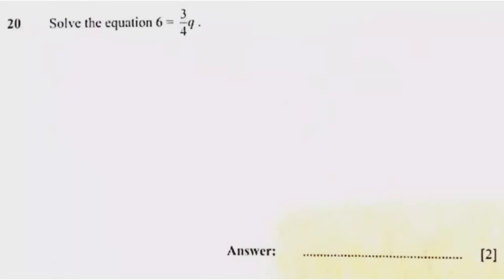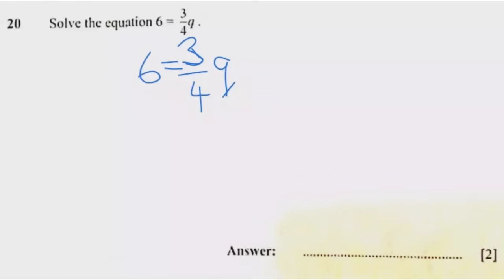We come to question 20, which is to solve the equation 6 is equal to 3 over 4q. So to solve this equation, we will rewrite the expression 6 is equal to 3 over 4q. How do we go about it?